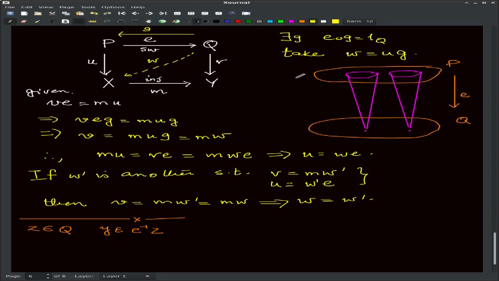Now, how do you choose this G? You choose exactly one such element. So if you had two elements, you would choose this y prime and y.